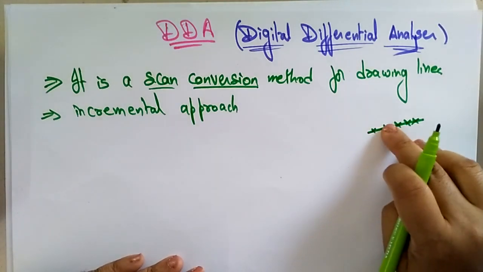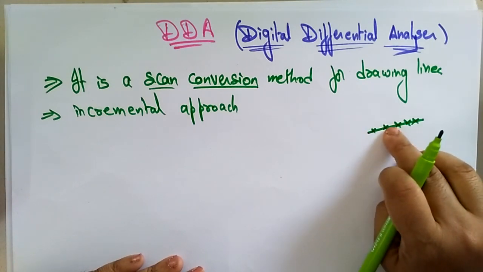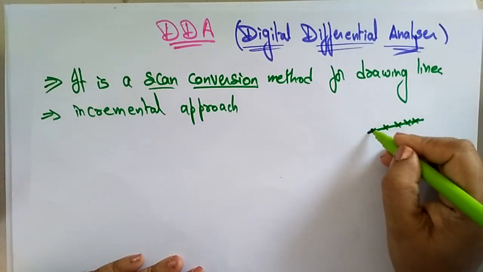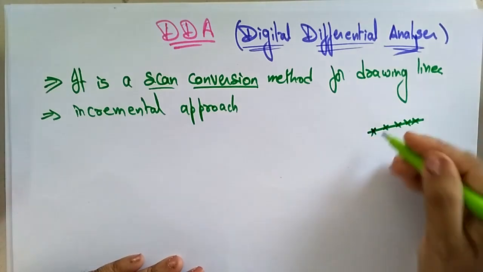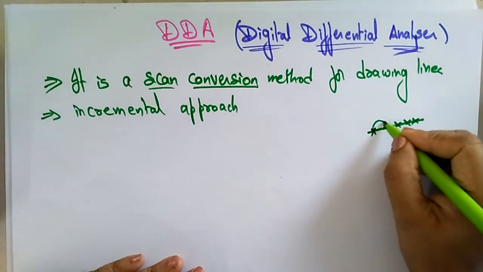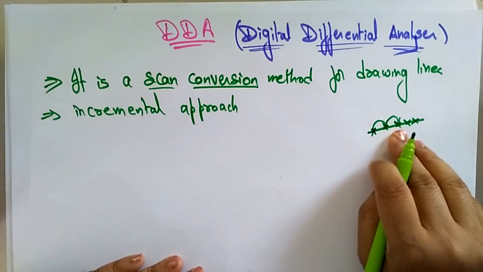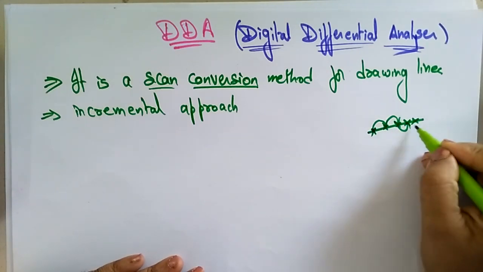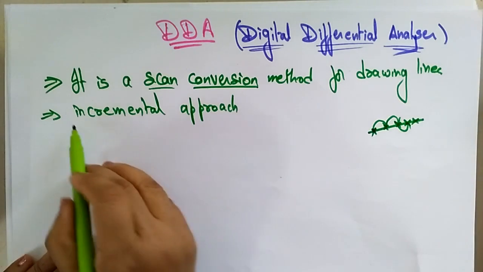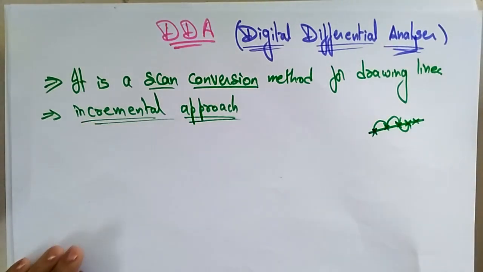Because to find the next point, we use the previous point. With the help of this point we find this point, and with the help of this point we find the next one, like that. That's why we call it an incremental approach.